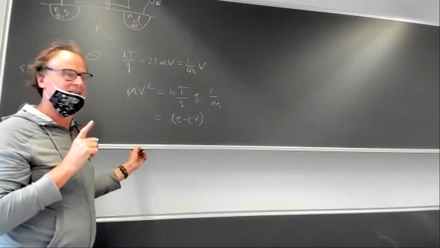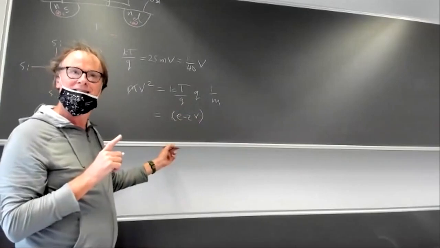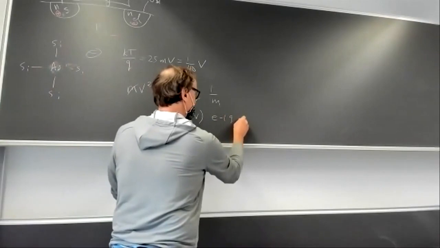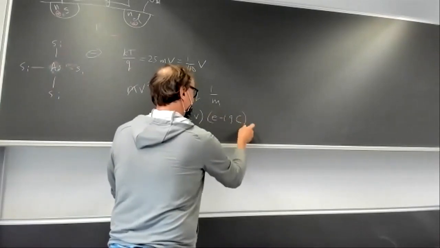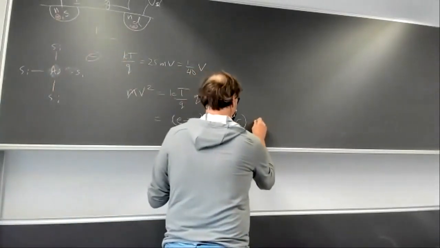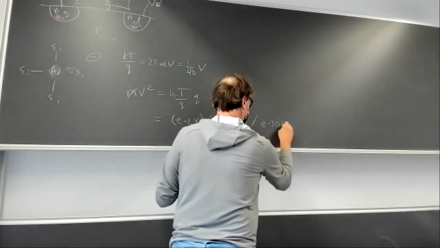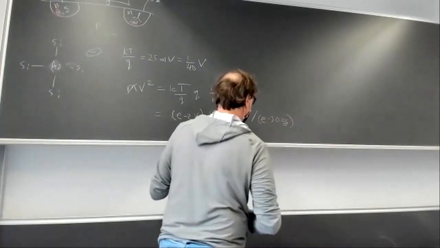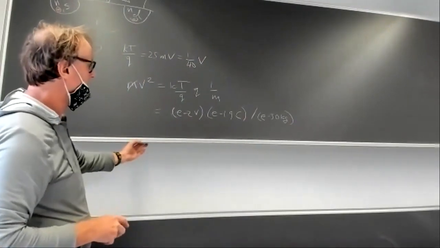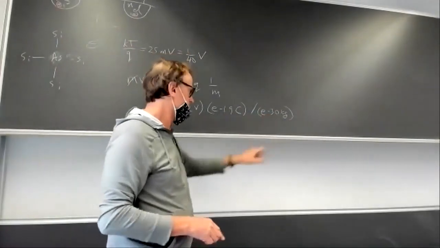What's the value of the elementary charge? 1.6 times 10 to the minus 19 coulombs. Okay, so we'll just say E minus 19. And what's the mass of an electron? 9.11 times 10 to the minus 31. Now we divide by E minus 30 kilograms, roughly. I know that because I'm a physicist. Okay, so what does that come out to be? Minus 21 plus 30, so about E9, right?